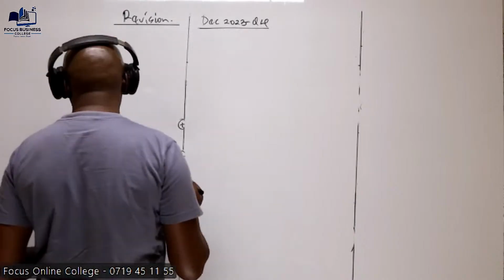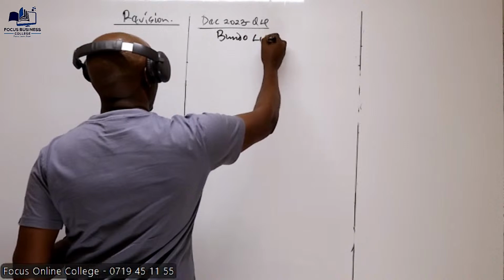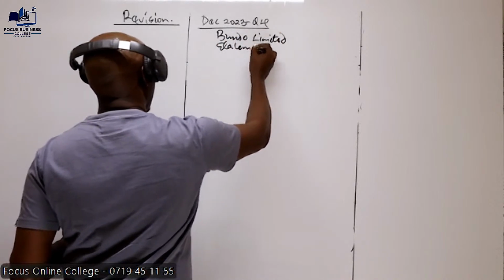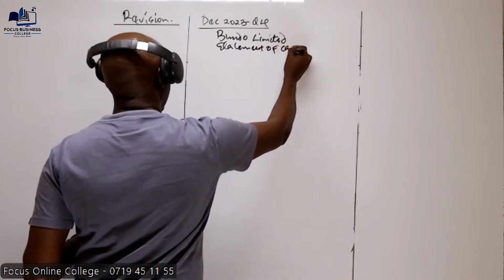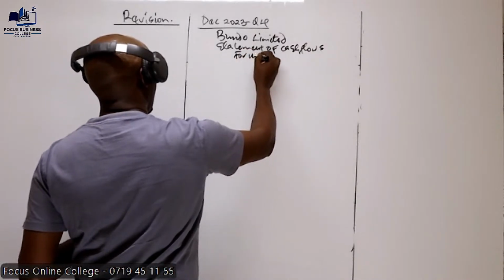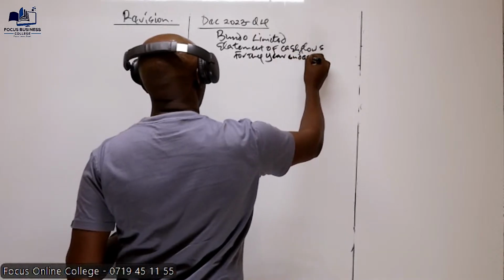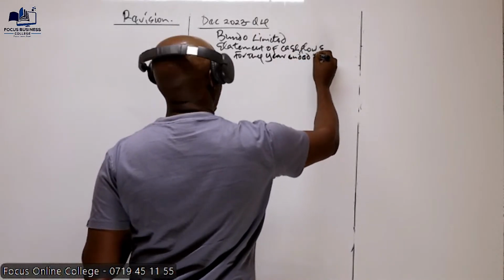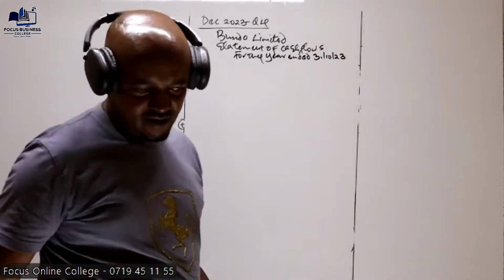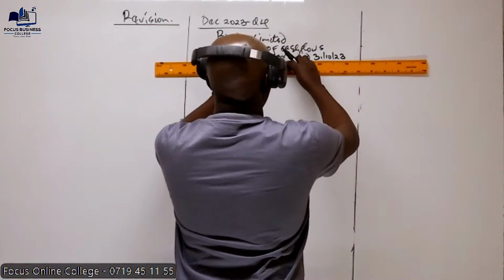Yes. So we go straight to preparing what is required. The name of the company is Budo Limited. This is a statement of cash flows, which is for the year ended 31st of October 2023.